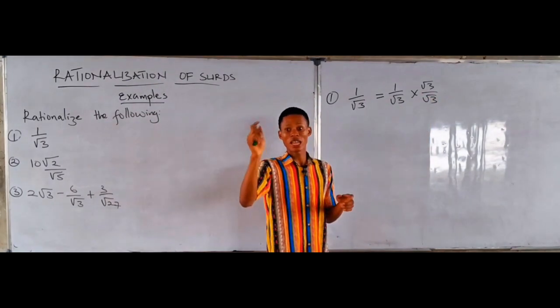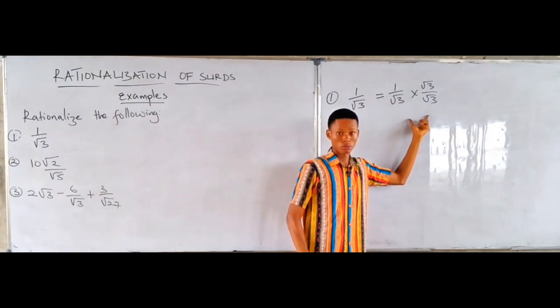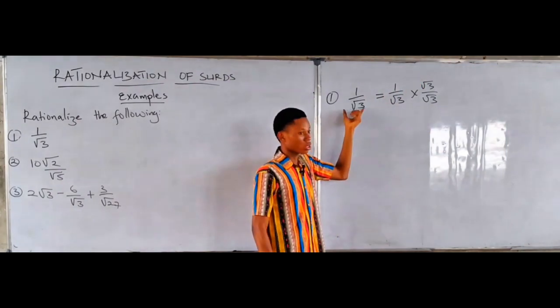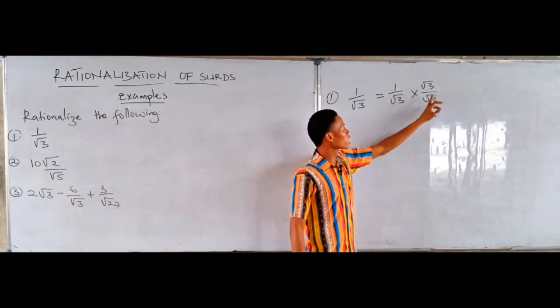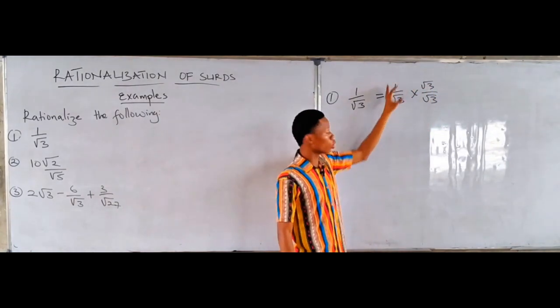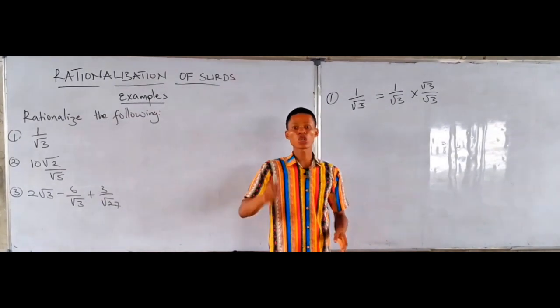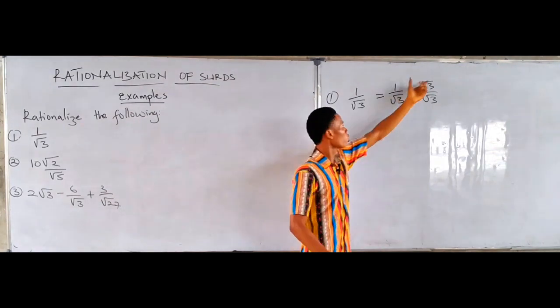Just take that root and multiply it up and down, because root 3 will cancel root 3 and we still end up with our 1 over root 3. So when they say rationalize, just use the irrational surd in the denominator to multiply up and down.